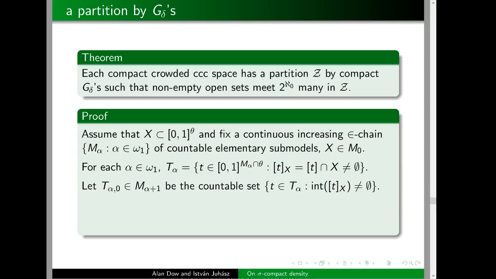That would work, except some of those things might have interior, and that wouldn't work because I can't have any of those having interior, because I want every open set to hit it in full size. If none of them had interior, we'd be done. That would be your partition, because every open set will project to an uncountable image, but it would be a compact, uncountable subset of the Hilbert cube for the cardinality C.